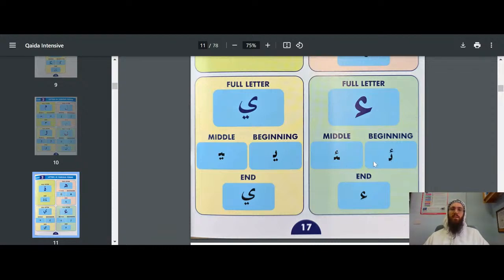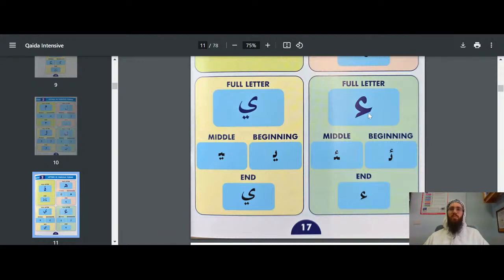It can take this form, and it can also look another way. It can be attached onto the ya or the alif or the waw. Also, the ya has two dots underneath rather than two dots on top like the ta, but the ending has a bit of a flourish, a kind of beautiful swish.